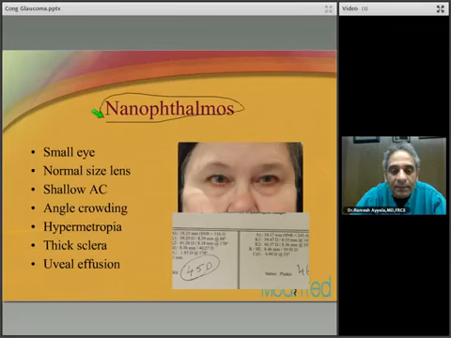Here is a patient in my own practice with nanophthalmos. As you can see in the axial length measurements here, our axial length measurements were 18.25 millimeters in the right eye and 18.17 millimeters in the left eye. She was hyperopic and required a 45 diopter intraocular lens to correct her hyperopia completely.